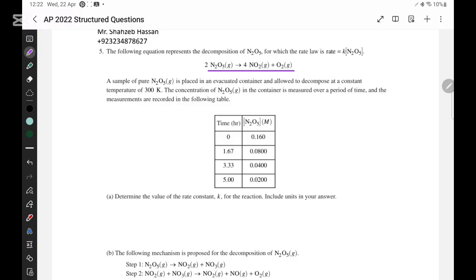The concentration of N2O5 in the container is measured over a period of time, and the measurements are recorded in the following table. So you can see one thing, first of all, it is first order, and you can see here that the concentration is getting halved.